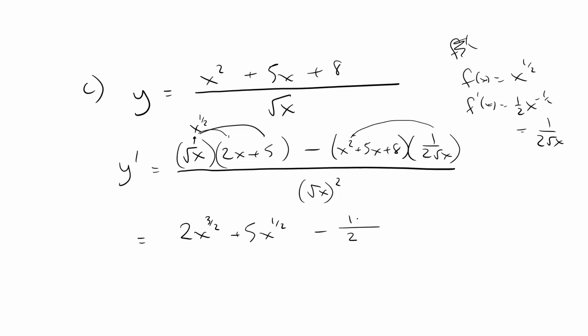That's 2, so 3/2 plus 5/2 x to the 1/2 plus, and that's just going to be 4 with the square root of x on the bottom. There it is, all over x itself.